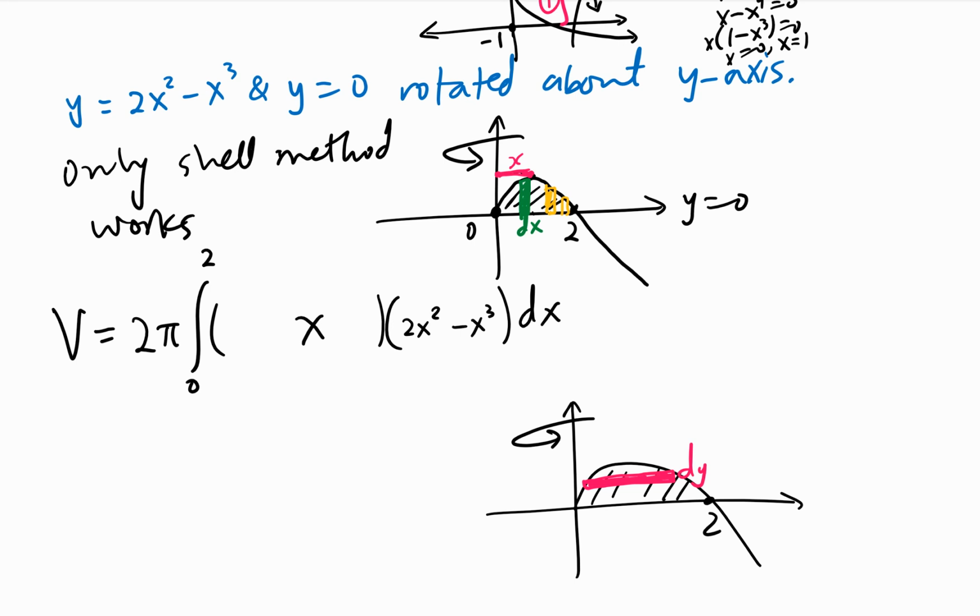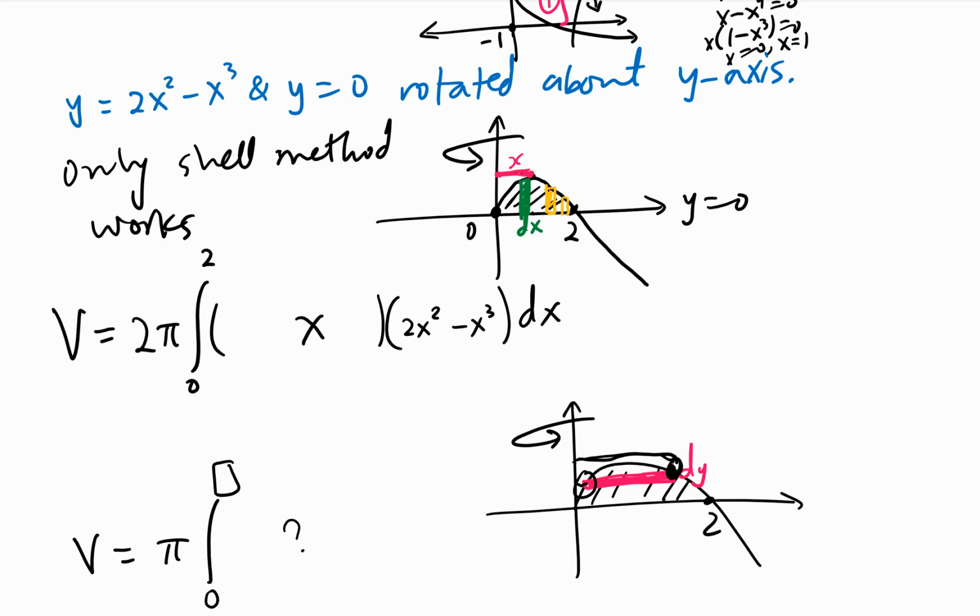So if you want to set this up with washer, you're going to do pi integral from, I don't know, 0 to some place, and then you're going to do this minus this. What is this? We don't know what that is. Like, you can't use the actual equation curve. Same thing on that side. I don't know what that is. So that's why we have to use shell method.